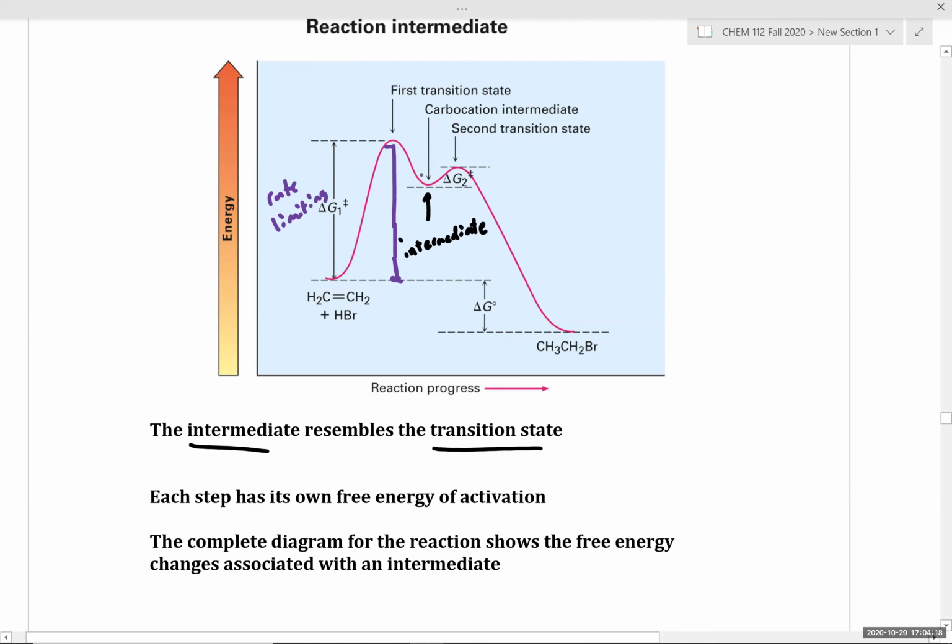In this case in particular, we're looking at an endergonic reaction. So in this following reaction, our intermediate and transition state will often resemble each other. It's important to note that each step has its own free energy of activation, and your complete reaction coordinate shows the free energy changes associated with each intermediate and each reactant and product.